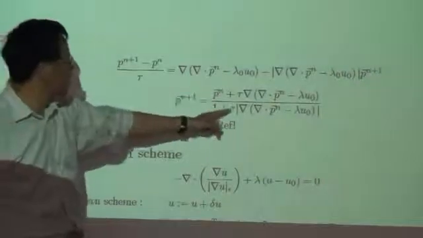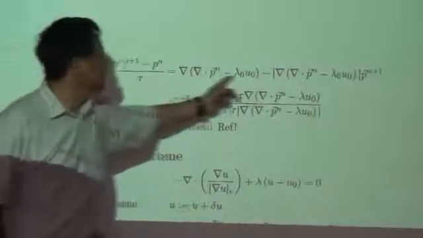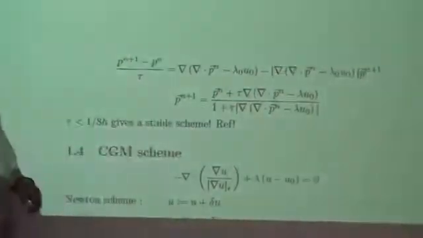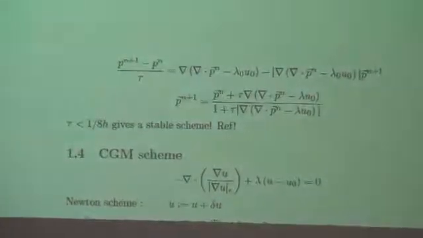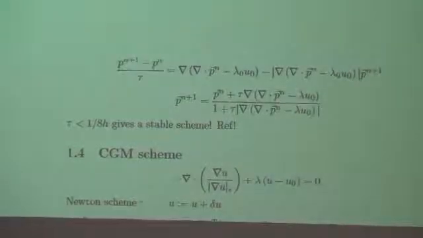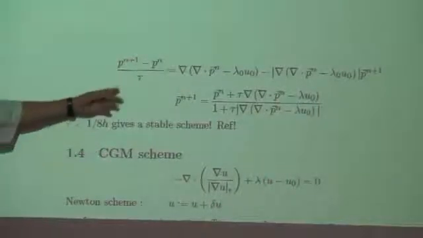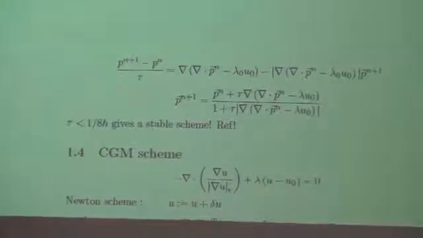So this is the iterative method which was proposed in Chambolle's paper. You get a simple fixed point equation to compute P. You can prove that when tau is less than 1 over 8, this iteration converges. And moreover, this iteration is very cheap.